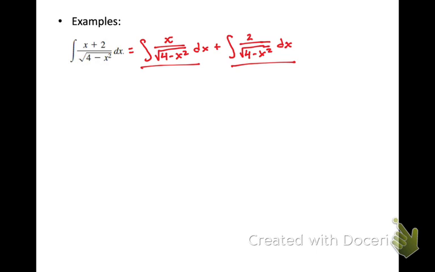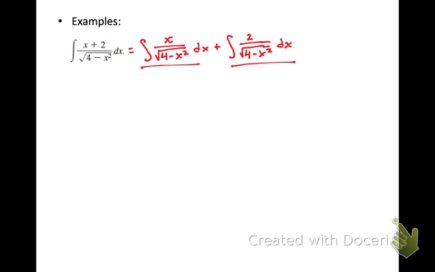Well, the second one fits the first rule. I'll agree with that one. Why not the first one? What's different about the left fraction and the right fraction? There's an extra x on the top, right?